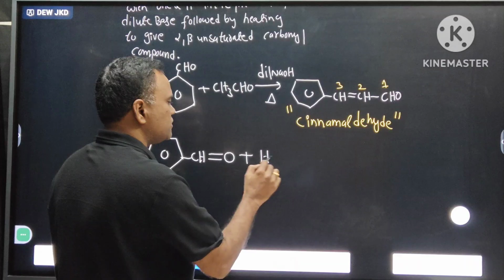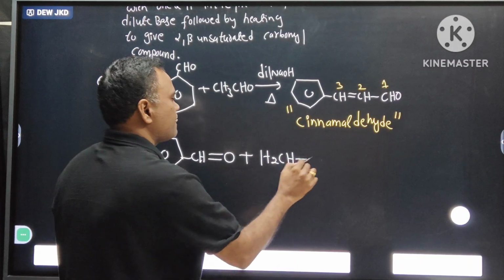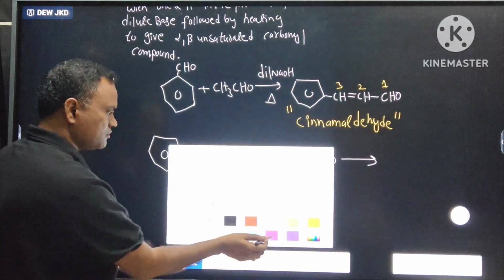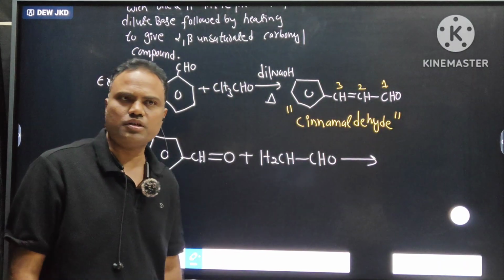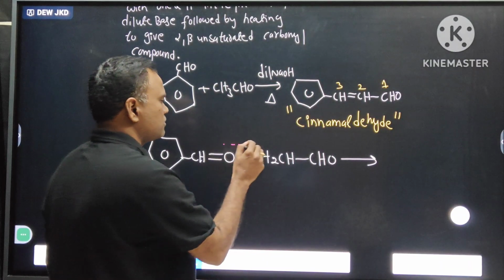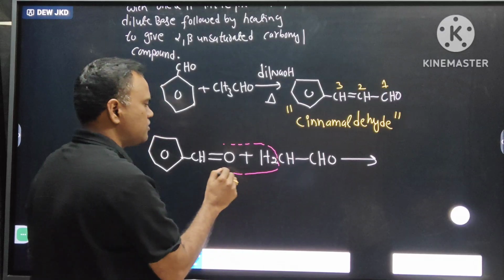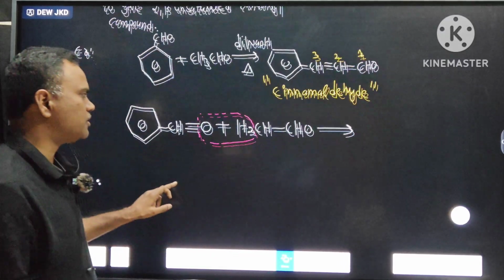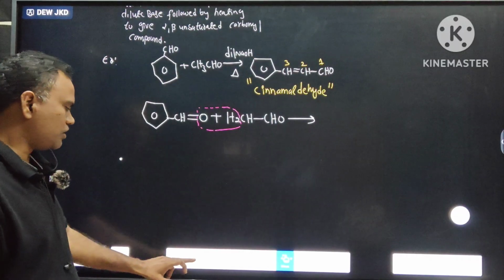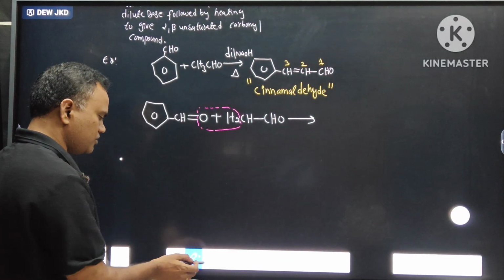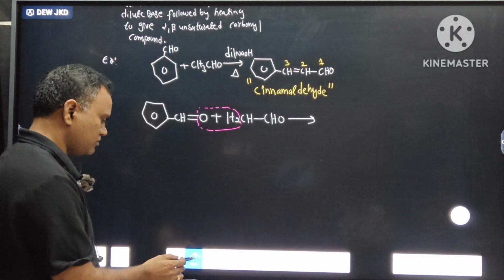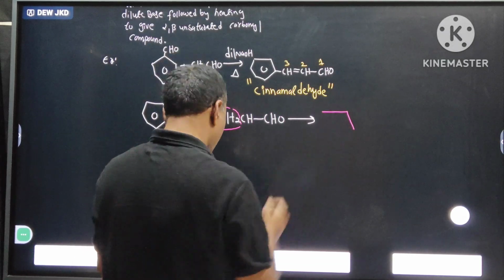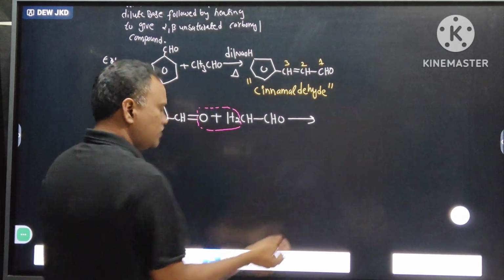Write alpha hydrogens at the terminal. This is only a shortcut mechanism. Yes or no? Yesterday you wrote the shortcut mechanism. I am giving the shortcut mechanism only, not the main mechanism. Clear, all of you? Remove the water molecule and join the remaining parts. Join remaining units.